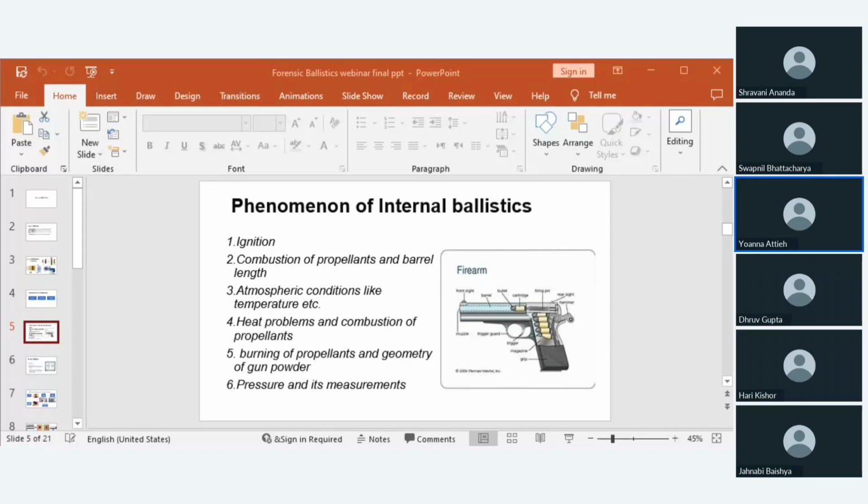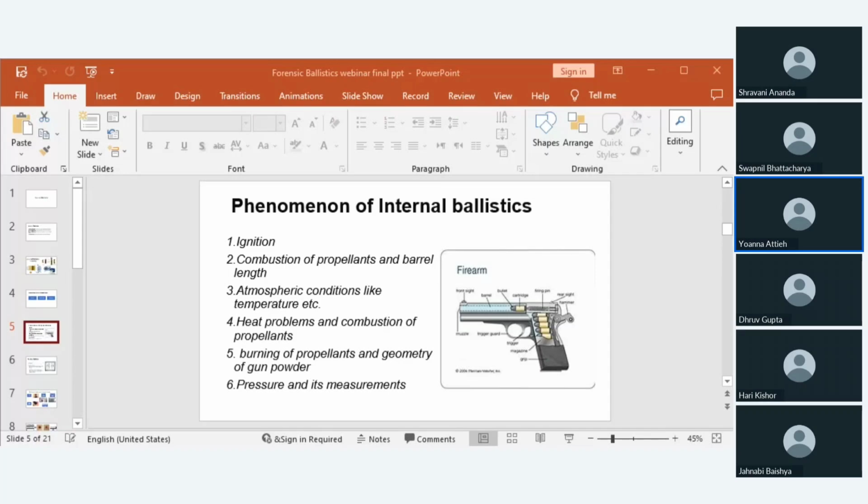Now, also, we have the barrel length and design, which also affect the combustion and the pressure. So here, guys, the length of the barrel and the type of rifling, the spiral grooves inside the barrel, also play a key role. If we have a longer barrel, this allows the gases to act on the projectile for a longer time, typically resulting in higher muzzle velocity.